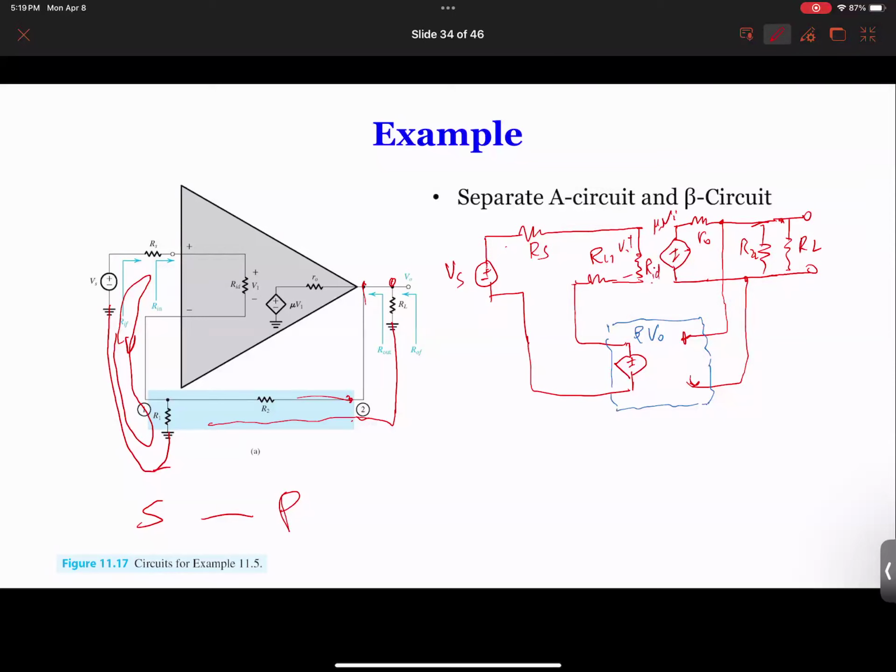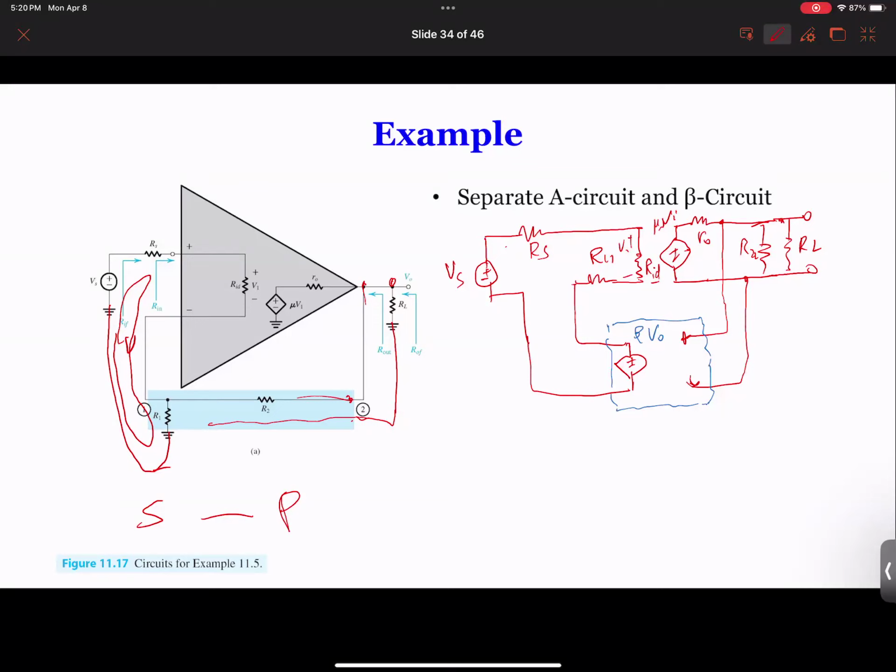And then this resistance is called RID, which is the differential input resistance. So this is your A circuit. Of course, this one still has the feedback.